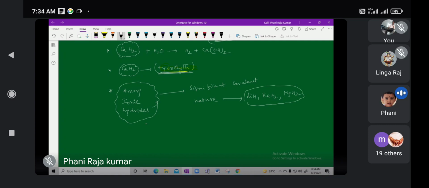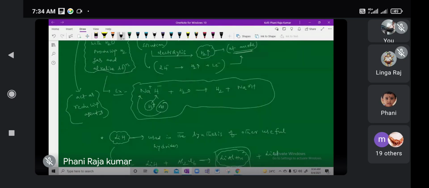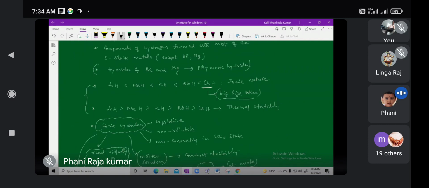Beryllium and magnesium hydrides are significantly covalent and polymeric. So these are the few points about hydrides, oxides, oxyacids.